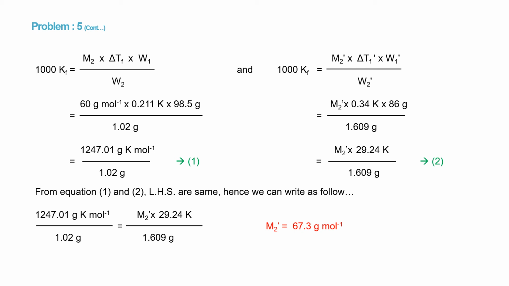Okay, so we rearrange the terms and we get M2 dash, which is equal to 1247.01 gram Kelvin per mole into 1.609 gram upon 1.02 into 29.24 Kelvin. So your answer becomes 67.3 gram per mole.